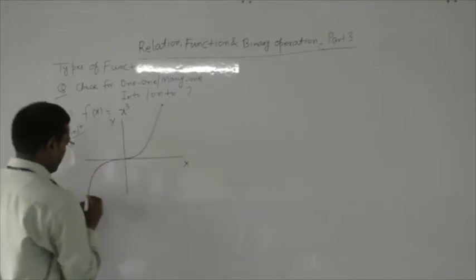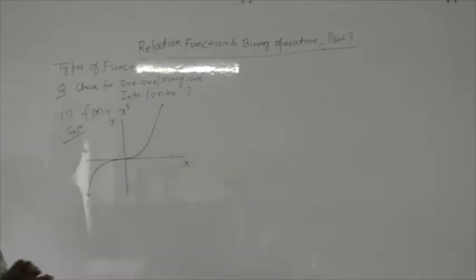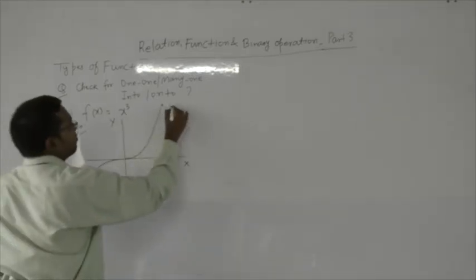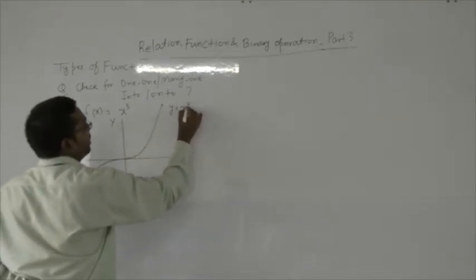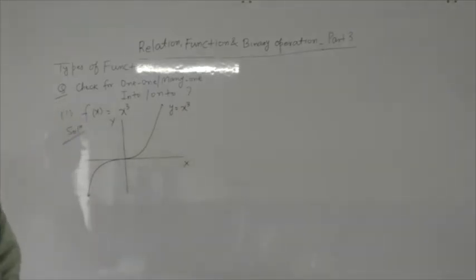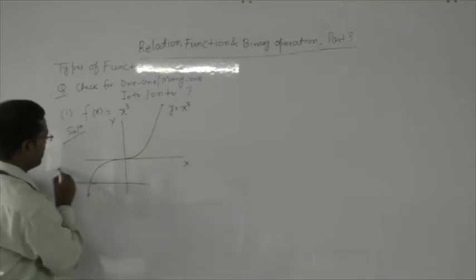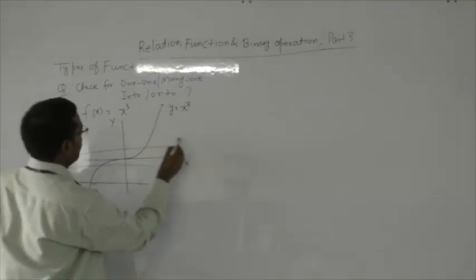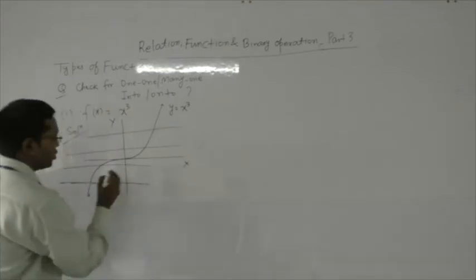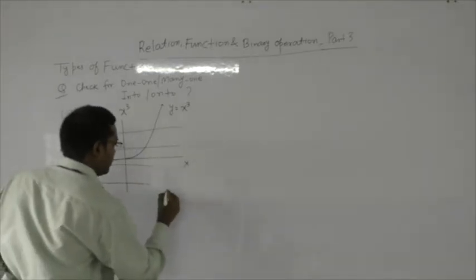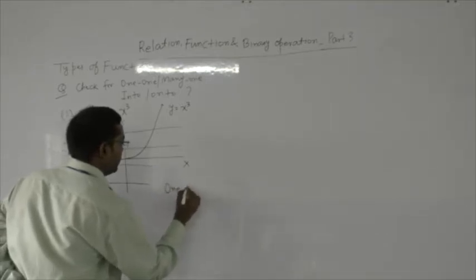It will keep on going up, it will keep on going down. This is the graph of y equals x cube. Okay. Now see, take any horizontal line here, cutting at one point, cutting at one point, cutting at one point. So what is this? This will become a one-one function, right?